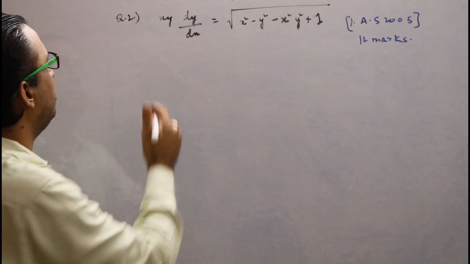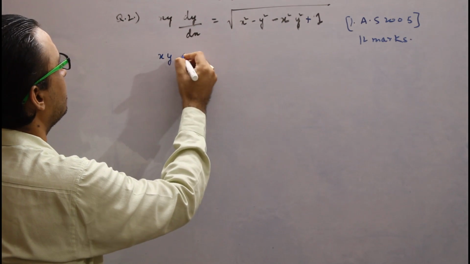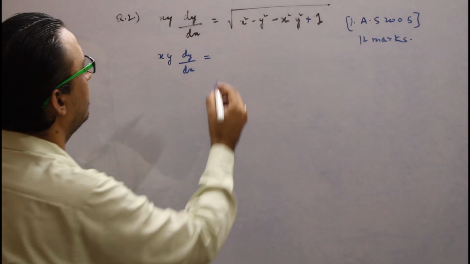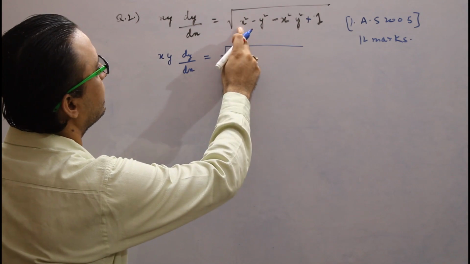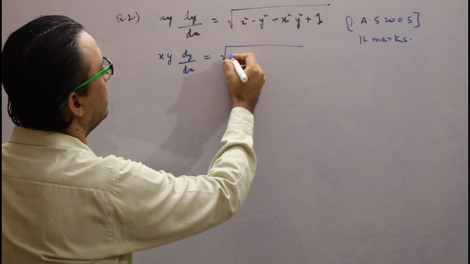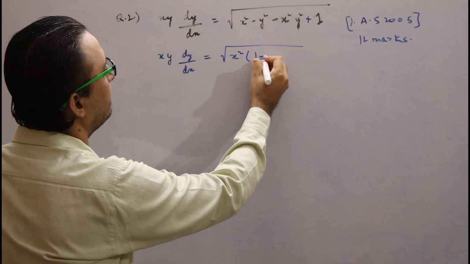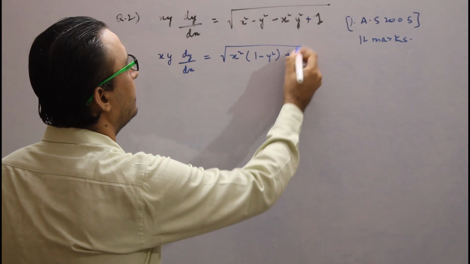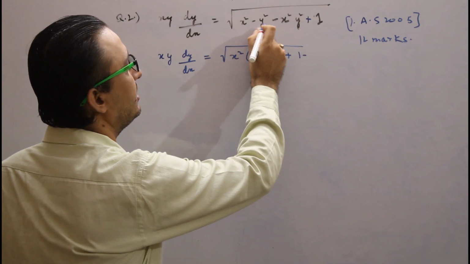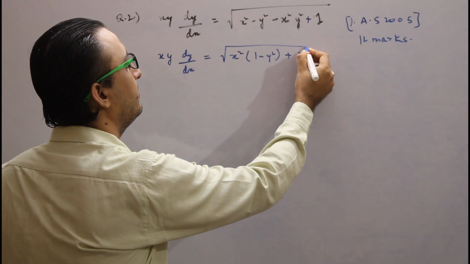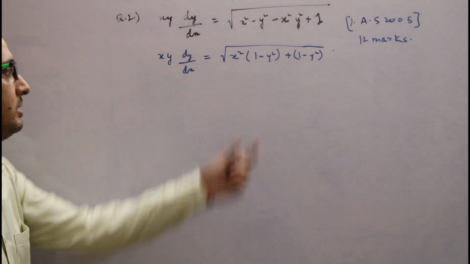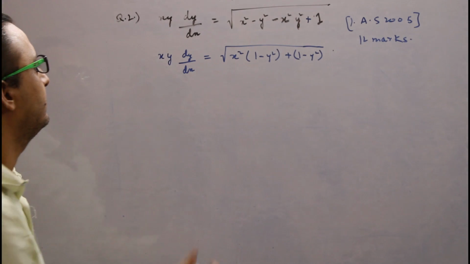So we will write this as xy dy by dx is equal to, if we can club this and this, that becomes x square into 1 minus y square. And similarly, if I write 1 here as 1 and this minus y square the same, so I am successful in separating it and bringing it outside.